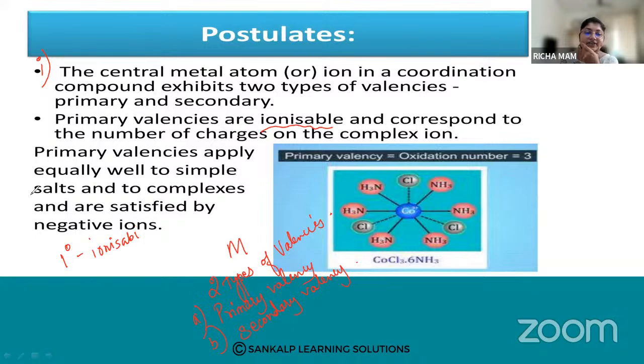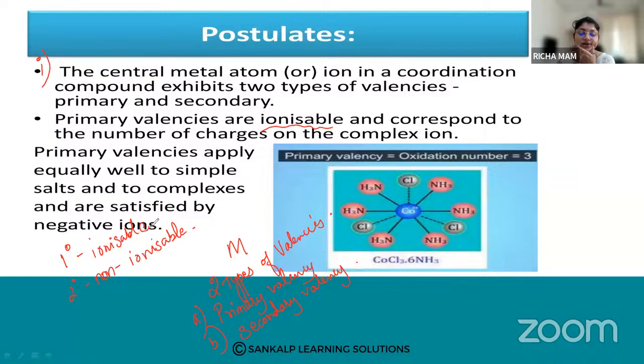We will see the difference between these. So this is the first point, in the central metal atom of the complex.